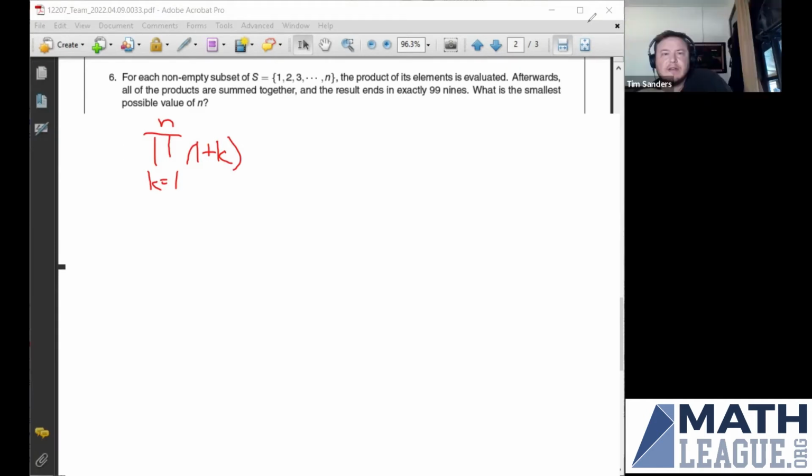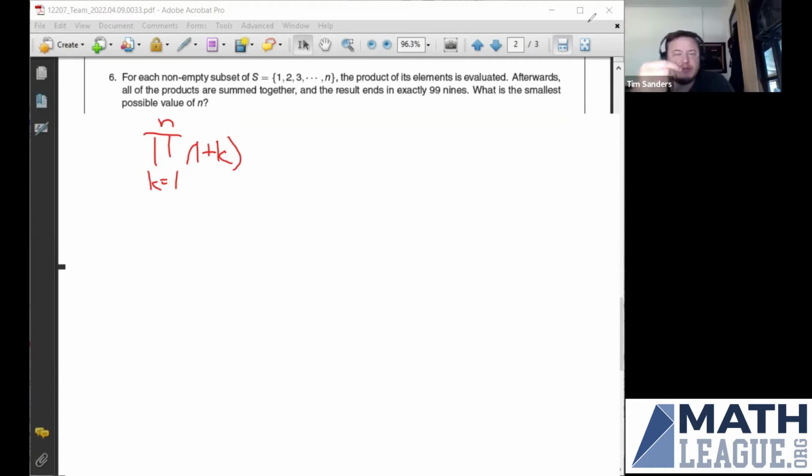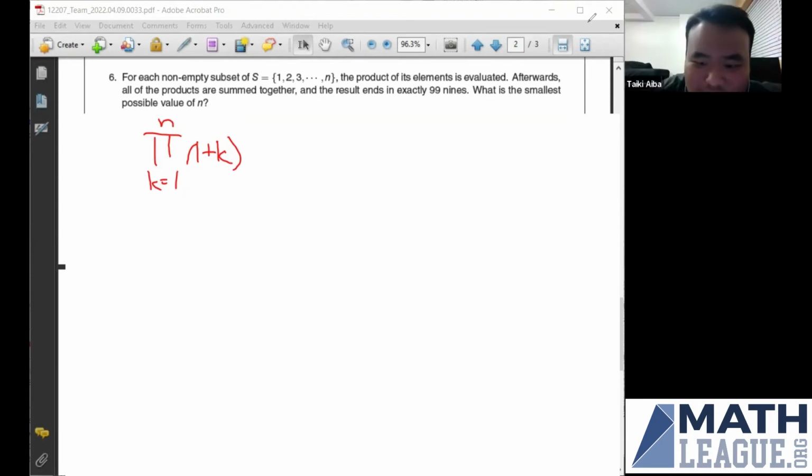Okay. I feel like that's going to be problematic because this looks like a factorial, right? Yeah. Because 1 plus k is basically just starting at 2, multiplying on up. So 2 times 3 times 4 all the way up. So that's a factorial of something. And that's not going to end in 99. No. Unless we're missing something.